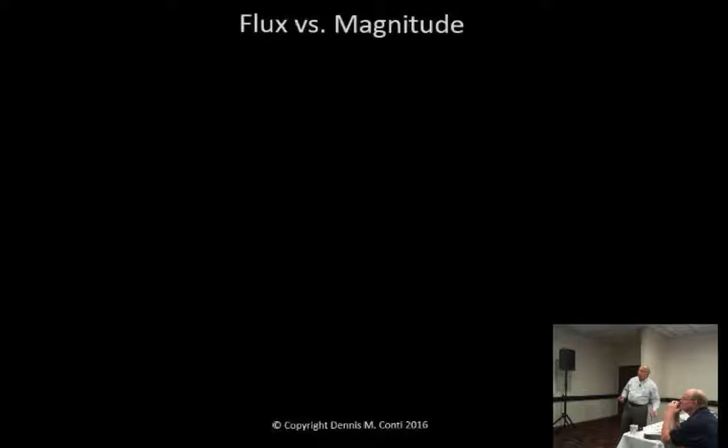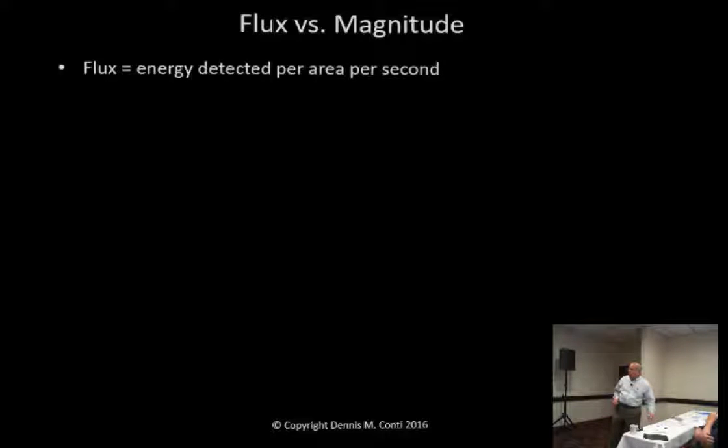Okay. Now let's talk about flux versus magnitude. In exoplanet work, we're going to be talking about flux. And let me distinguish that from magnitude, which most amateur astronomers, most astronomers, talk about. So let's talk about what the difference is. The definition of flux is energy detected per area per second.